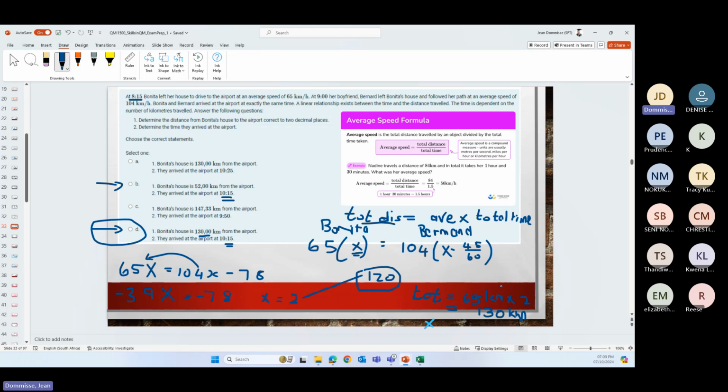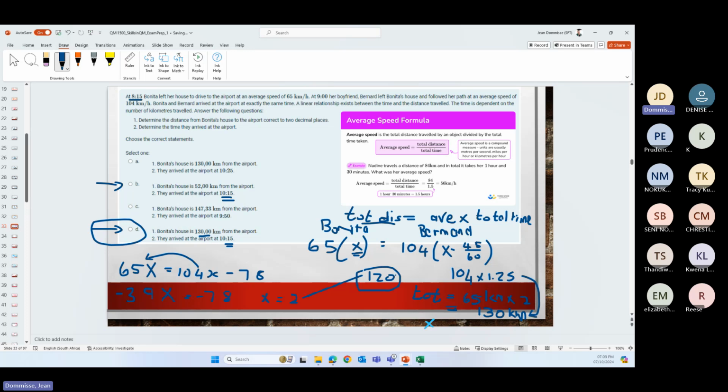And if he travels at 104 kilometers an hour, 104 times 1.25 hours will also give you 150.